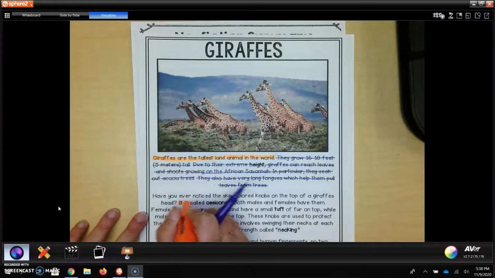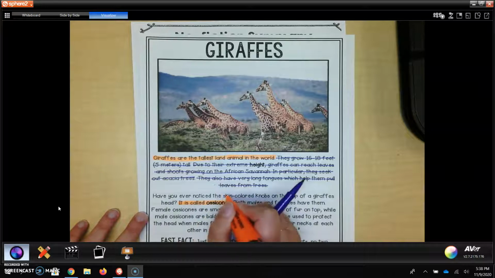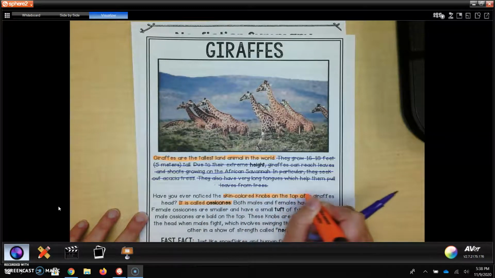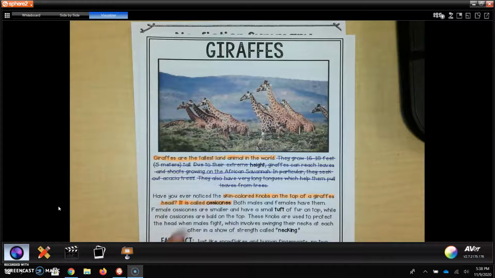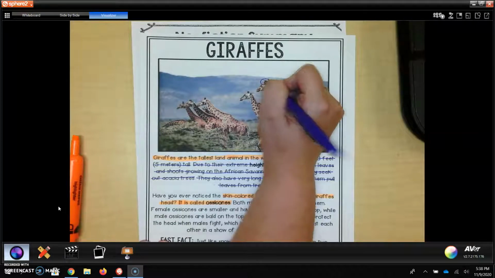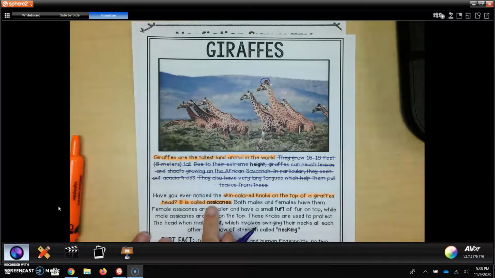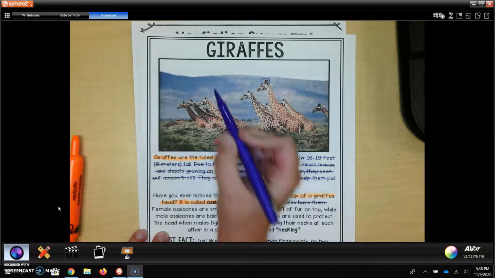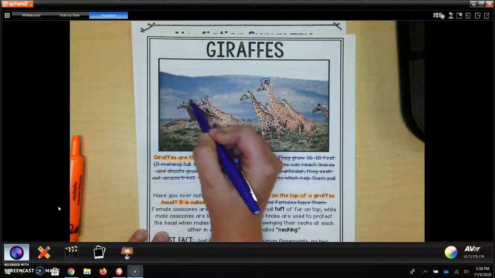So we know that ossicones are the skin-colored knobs on top of a giraffe's head. So I'm kind of just grouping those together. That's a pretty key detail because we always see these little knobs up here, and now we actually just learned what they are. Both males and females have them. Once again, pretty interesting, but not super major because we know that every single giraffe has those little horn knobs on their head.